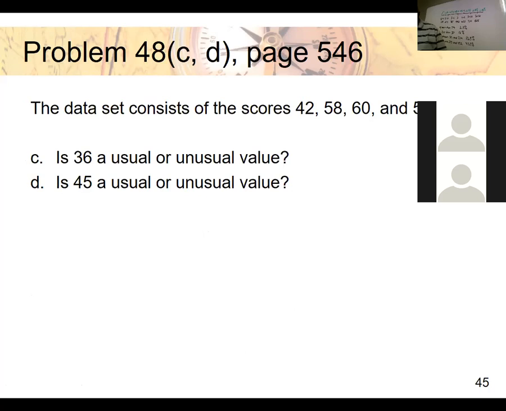Okay, let's look at these two right here. This is a continuation of problem 48, parts C and D. The data set consists of scores 42, 58, 60, and 52. Is 36 a usual or unusual value? And part D, is 45 a usual or unusual value?